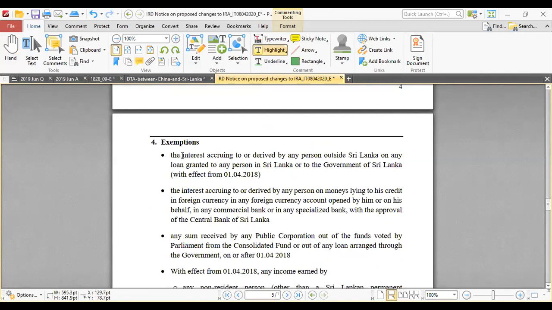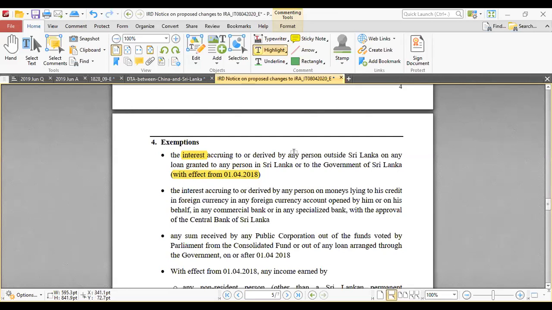interest accruing to any person outside Sri Lanka on a loan granted to a person in Sri Lanka. This is effective from 1st April 2018. They have made it effective from 1st April 2018.